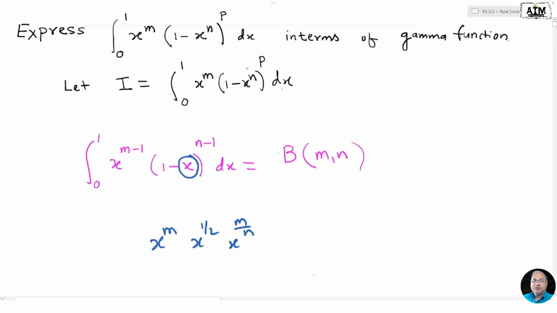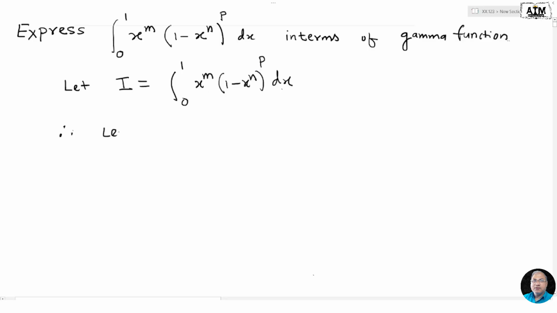But in the given problem there is x raised to n. So we have to convert x raised to n into a single identity, as in standard form. In standard form there is 1 minus x, but in the given question it is 1 minus x raised to n. So we have to convert this x raised to n into a single form, as in standard form.